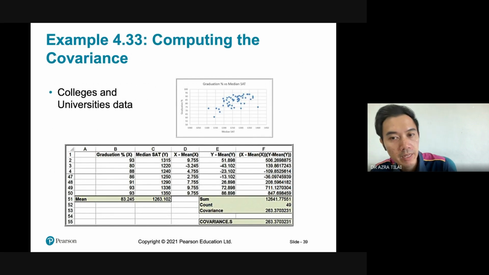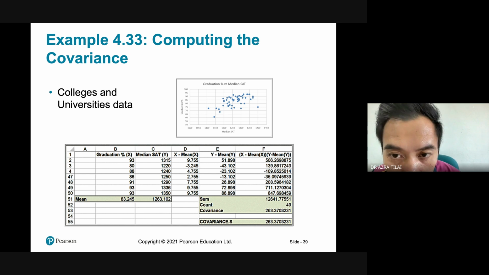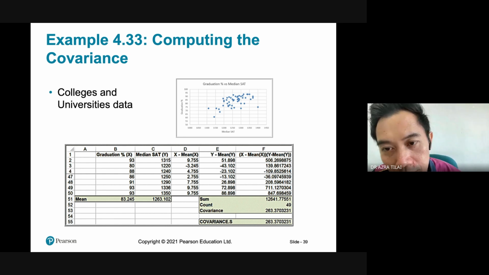So this is what I meant by the histogram. If you observe on your screen right now, in slide 39, there is a chart which is not being charted yet, only observation. You can see that most of the observations are within the range of 1200 till 1360, something like that, and 1400 is the outlier, or the 1150.